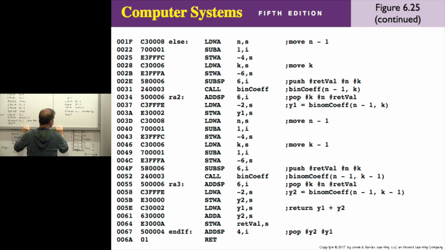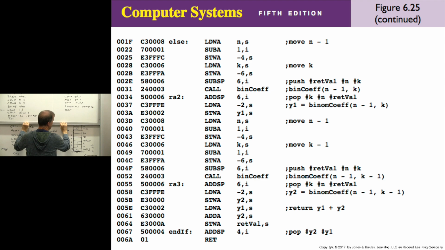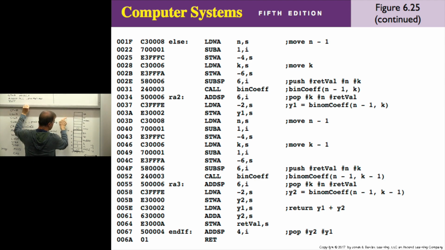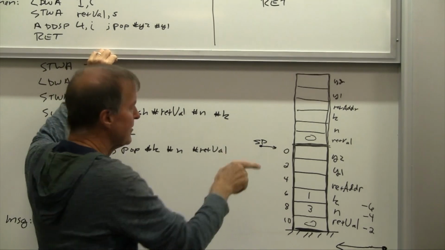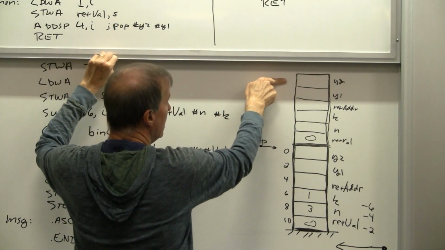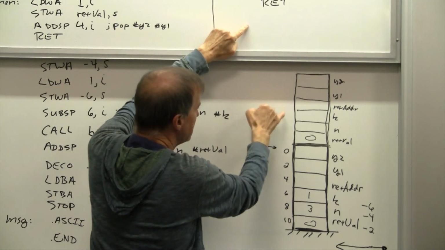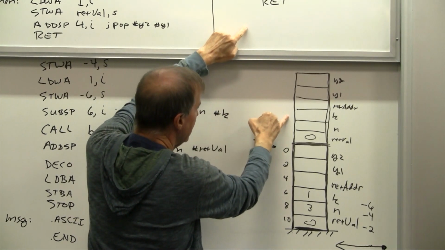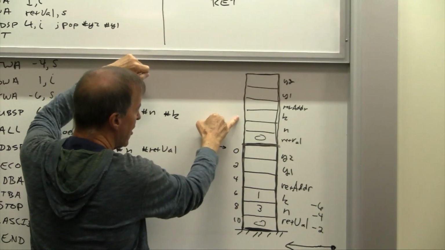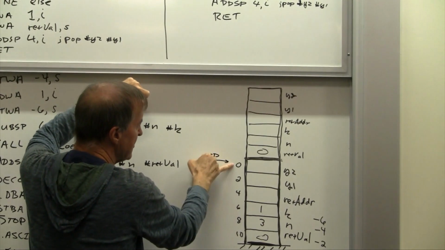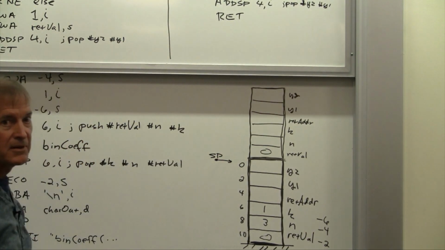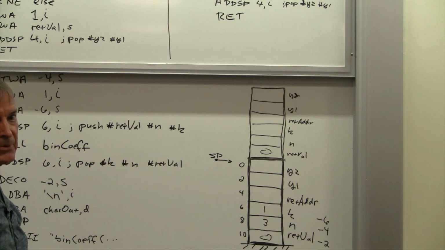Because at this point we have returned from the function. The stack pointer is here. We add 4 to get the stack pointer to here. The ret pops the return address and gets the stack pointer to here. And then in the caller, the caller will add SP 6 to get it to here. That's that intermediate step.